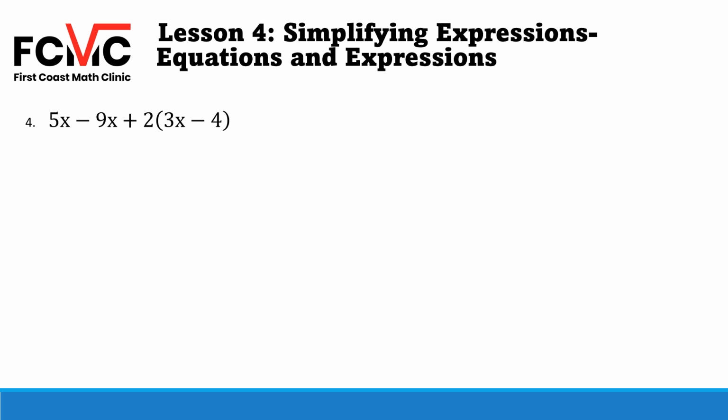So for number 4, we've got 5x minus 9x plus 2 times the quantity 3x minus 4. So a couple things we could do here. We're distributing the 2 times the quantity 3x minus 4, so we can start with that, right, and distribute that 2 inside the parentheses. So this is going to be 2 times 3x minus 4 times 2.